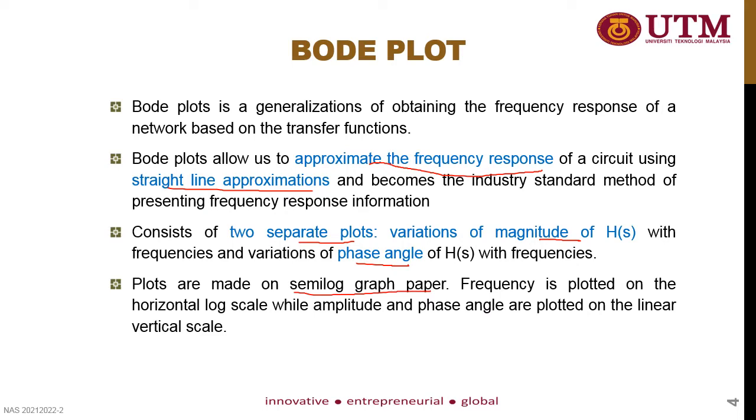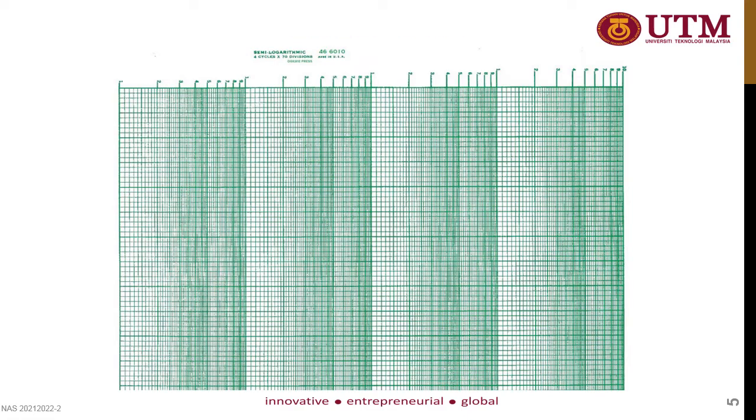Okay, it is not the same as normal graph paper. This is how the semi-log graph paper looks like. As stated on top, it is semi-logarithmic paper. If you compare with the normal graph paper, you can see that the sections are not equal in size.